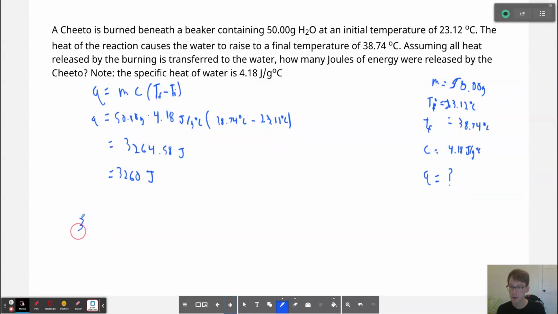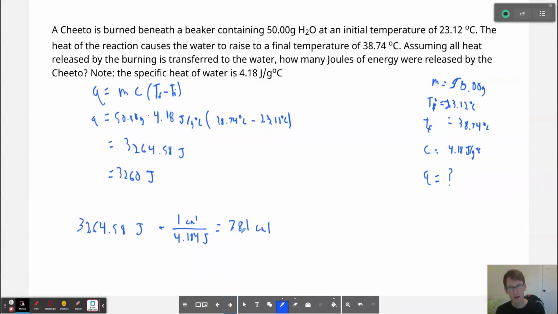Well, I'm also going to convert from joules to calories. I'm actually going to keep it at the 3,264.58 joules. And I'm going to convert knowing that 1 calorie is equal to 4.184 joules. And what I get is that we have, with the right number of sig figs, 781 calories.